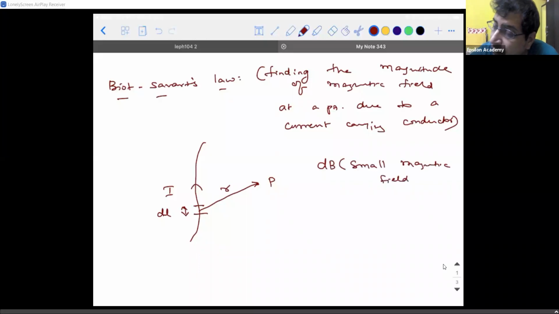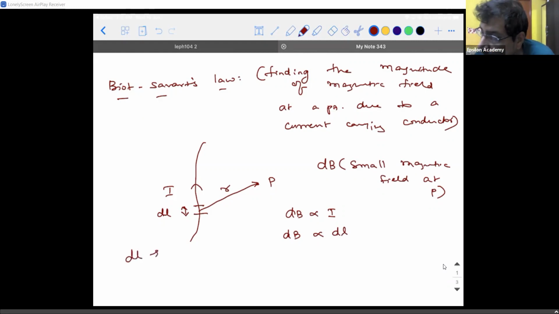dB, if I call it the small magnetic field at point P, then dB is directly proportional to the current flowing through the circuit. dB is directly proportional to the length of the current carrying element. So this dl is called the current carrying element. Here there are two things to be noted, guys. I'm repeating it again. This AB is nothing but a current carrying conductor, whereas dl is a current carrying element, meaning a small piece of it.